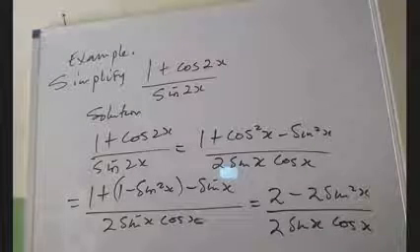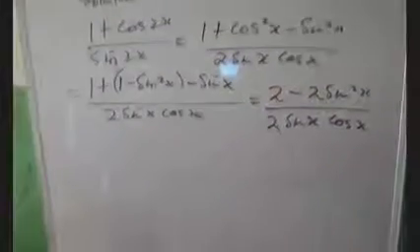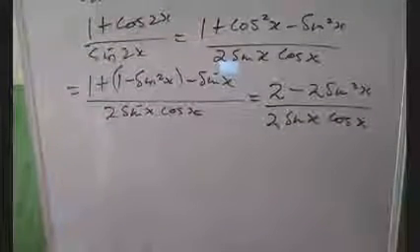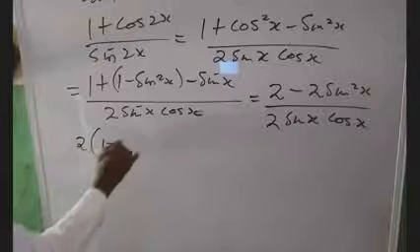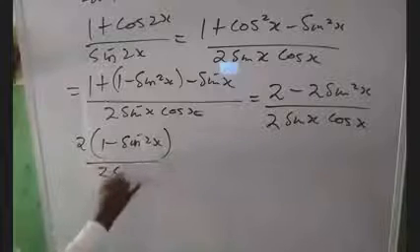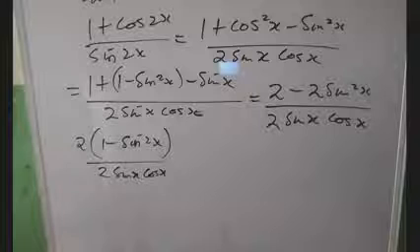If we factorize what we have there, we have 2 into bracket 1 minus sine square x, over 2 sine x cos x.